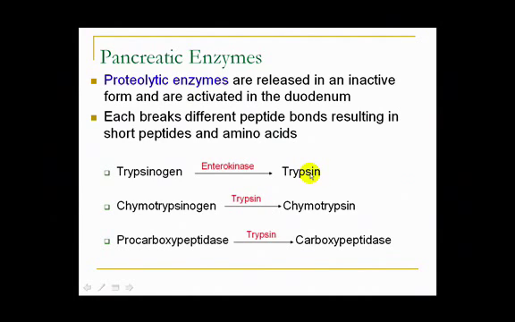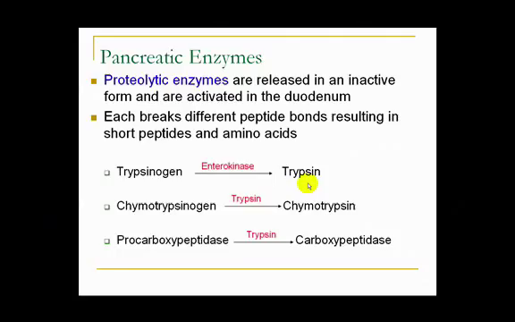But the idea is there's 3 different enzymes, or there's more than this, but these are the main ones. Trypsin, chymotrypsin, and carboxypeptidase. These 3 enzymes break peptide bonds between amino acids. For example, I'm making this up right now, but trypsin, let's say it cuts wherever along the protein you see a bond between leucine and valine, those 2 amino acids, it would cut there.